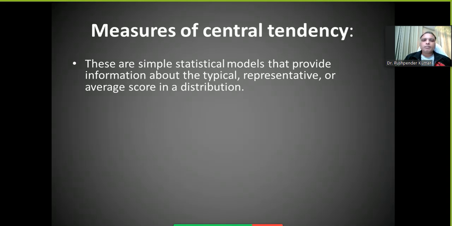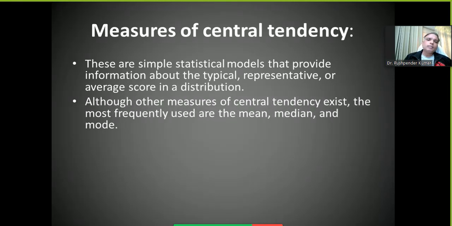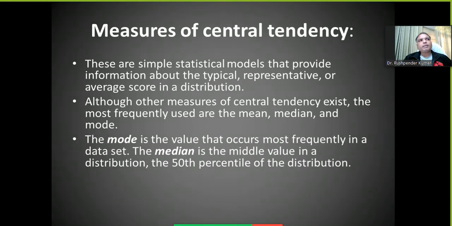As far as measure of central tendency is concerned, there are simple statistical models that provide information about the typical representative or average score in a distribution. Although other measures of central tendency exist, the most frequently used are the median, mean, and mode. But remember, you need to use your mind, because you need to see a situation where you're supposed to use mean, where you're supposed to use median, and where you're supposed to go for mode.